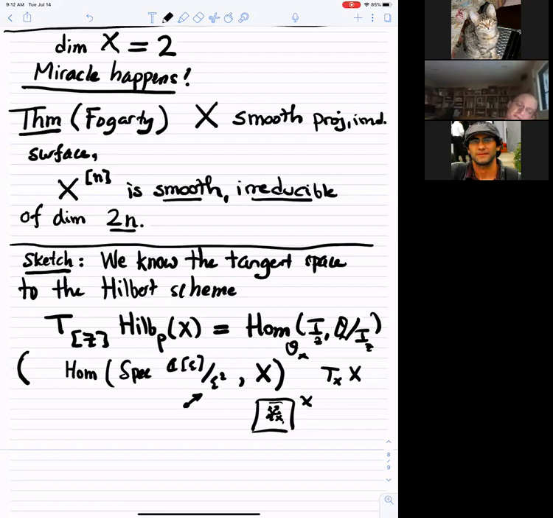In other words, if you wanted to understand homomorphisms from spec C[epsilon]/(epsilon squared) to the Hilbert scheme, that would just mean that you would have to find flat families over spec C[epsilon]/(epsilon squared) with the fixed Hilbert polynomial, where over the central fiber you have the point that you want to map to in the Hilbert scheme. If you unpack that, you can see that you can compute the tangent space of the Hilbert scheme.